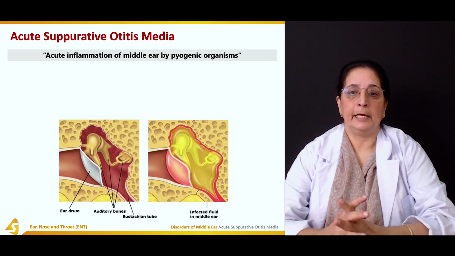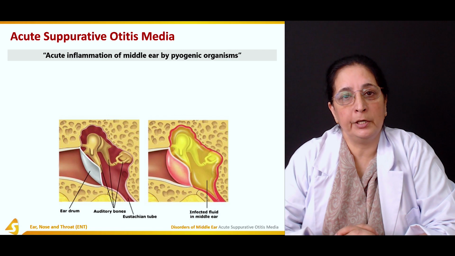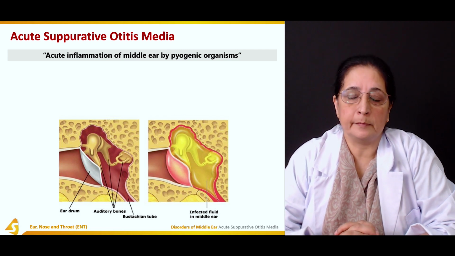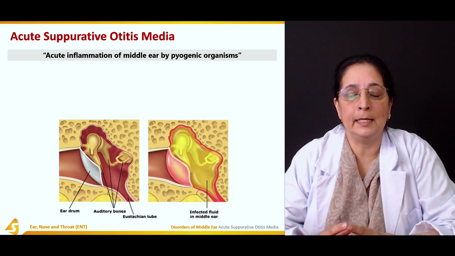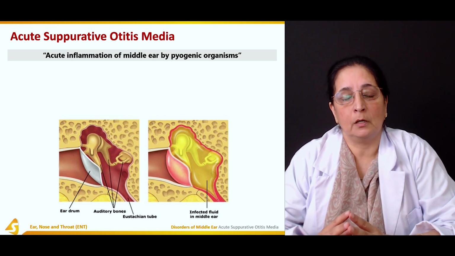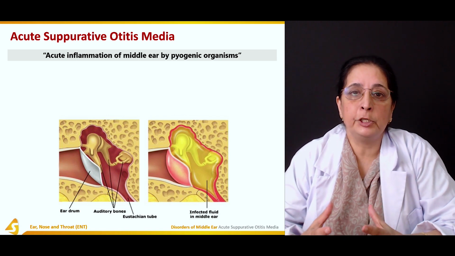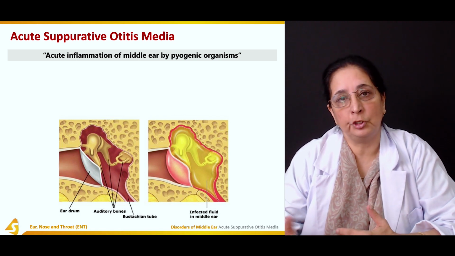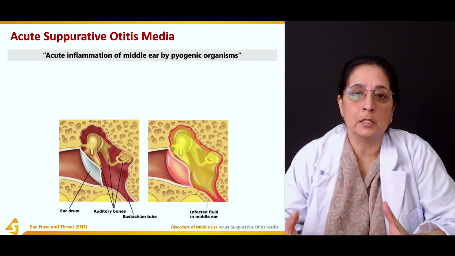So first, the acute suppurative otitis media, and what is acute suppurative otitis media? Suppurative is the term used for mainly pussy discharge, or discharge that has pus in it. And acute is the term used for short term, as compared to chronic, which is the long term duration.